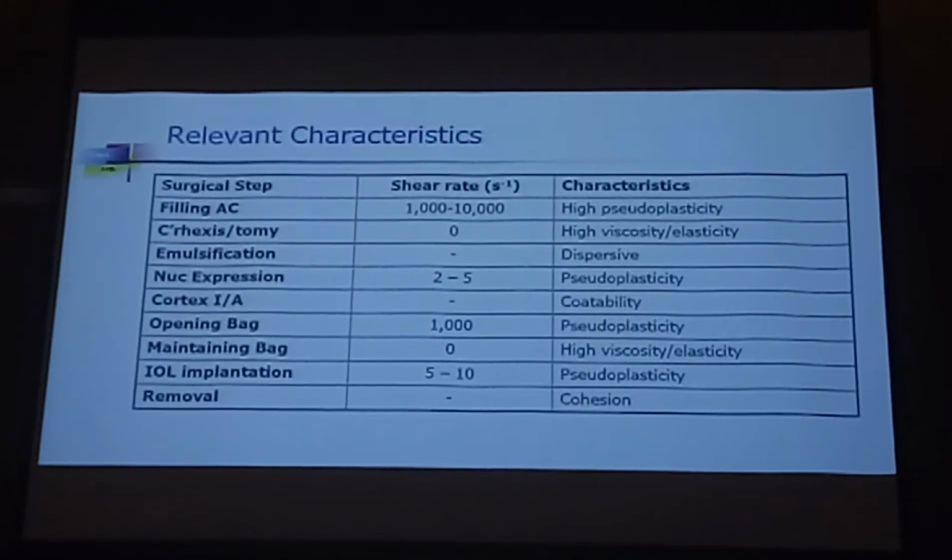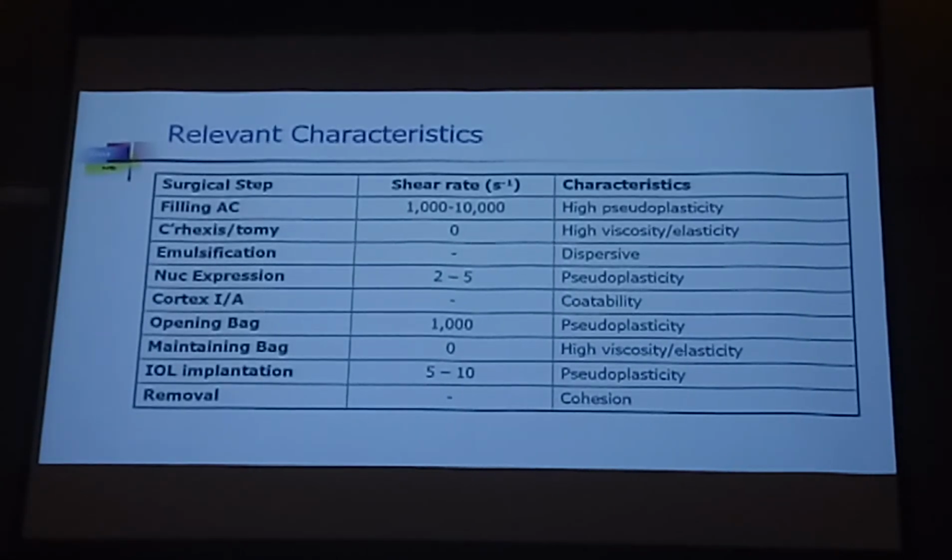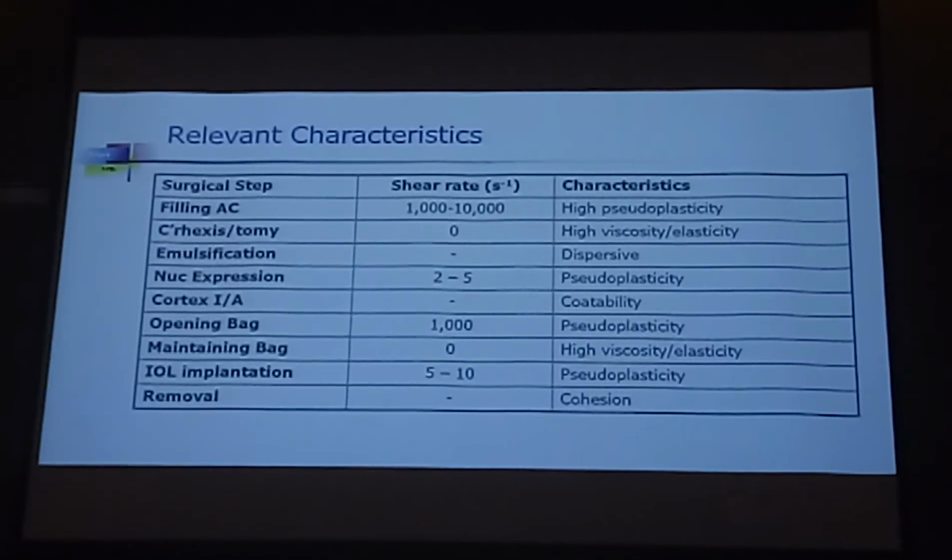There's not much stress, because when you do CCC, it's a very slow movement. You want a high viscosity type, perhaps a cohesive type, to maintain the anterior chamber. For emulsification, the dispersive is better because the cohesive tends to interfere with your surgery.